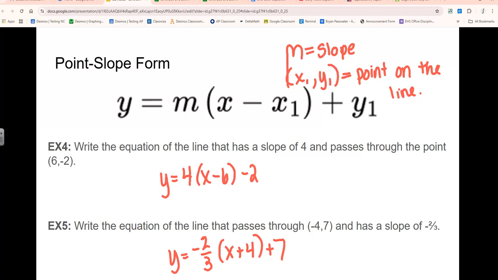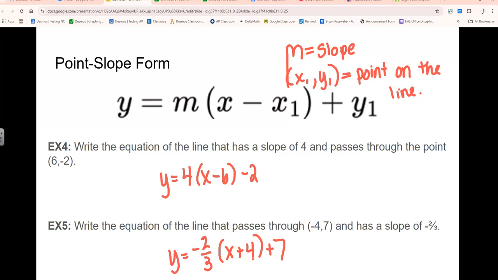Here's what you should have for that. I went ahead and, right here, where you have minus negative 4, I went ahead and changed it to a plus. Some of y'all I saw had minus negative 4. That's fine. That's accurate. No problem at all with that.